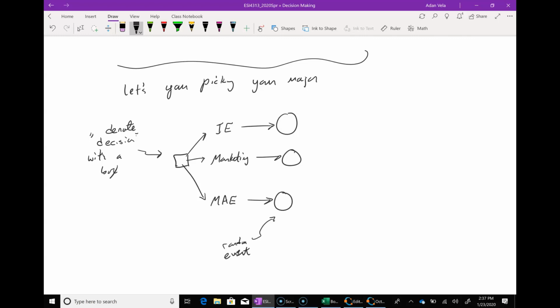This random event is going to correspond to graduating in your major, or changing majors. So let's say you graduate in your major in IE, or you change majors.